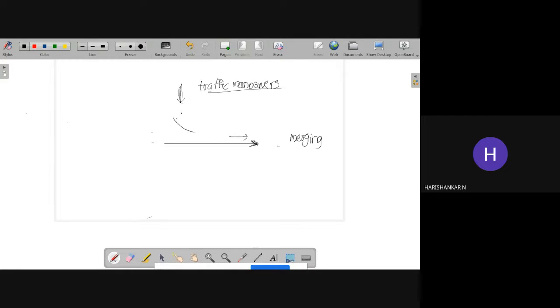Definitely you will go like this. So here you are merging with this line by making a small angle. Here the angle is very small. So this type of movement in this direction is known as merging. You can merge from this side also.